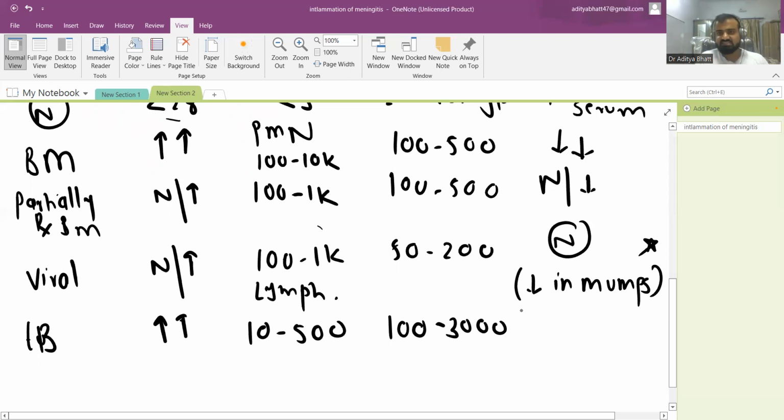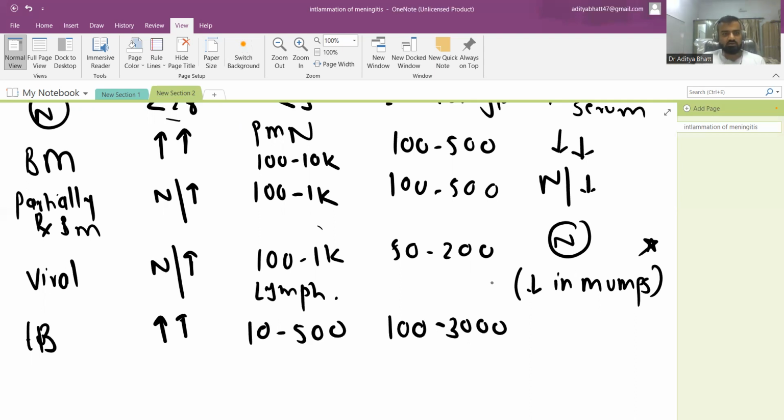So in TB meningitis, steroids are very important because they decrease the protein and decrease the chances of complication to hydrocephalus, along with the other benefit that they decrease the lipoic acid or mycolic acid released by the tuberculomas, which in itself is very toxic.